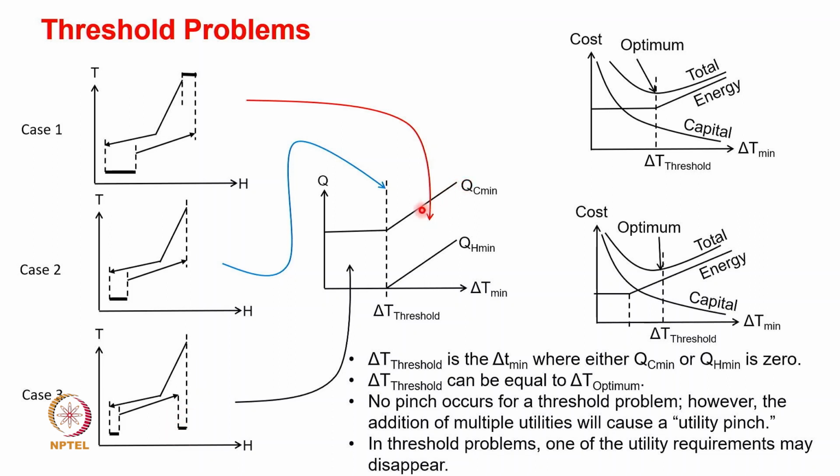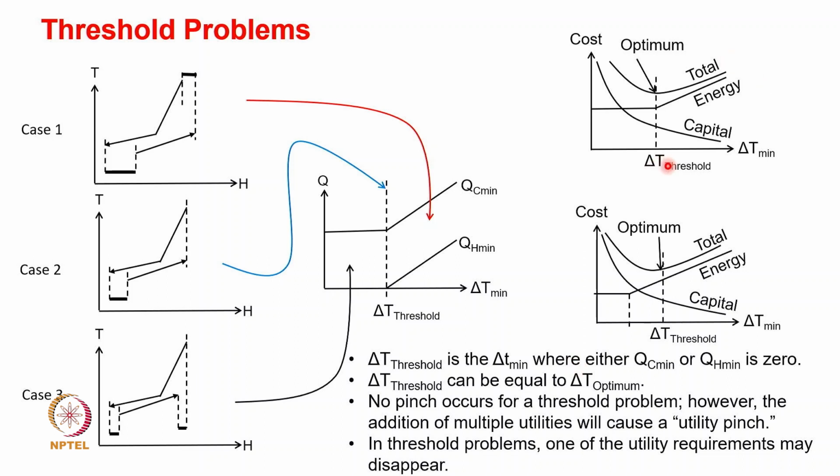So whatever cold utility we are seeing at the threshold will still remain. When you further move it backwards, it will be the sum of the cold utility at this point and this point.